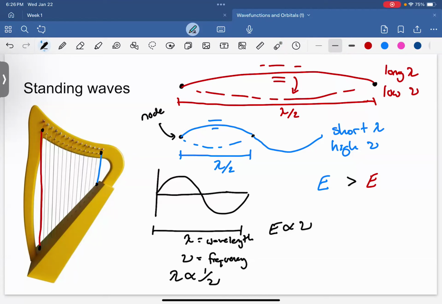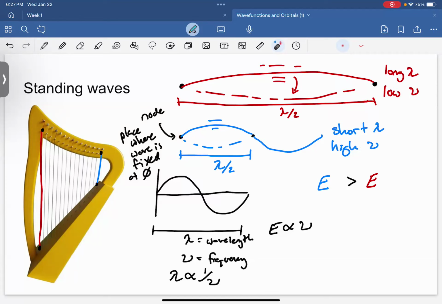A node is a place where the wave is fixed at 0. And so we have nodes, in this case, on either end of our standing waves. This is the lowest possible, what we get when we pluck the string. This is the longest wavelength possible where we have nodes at either end.